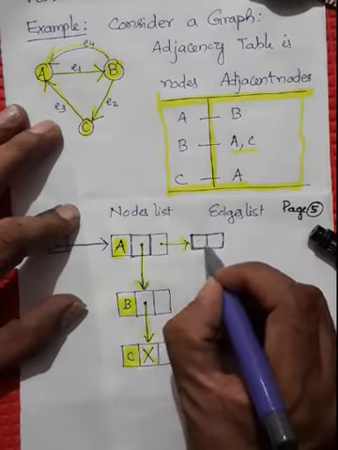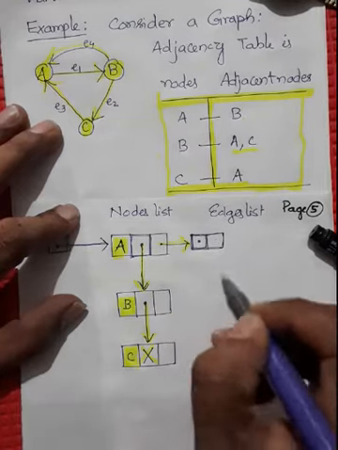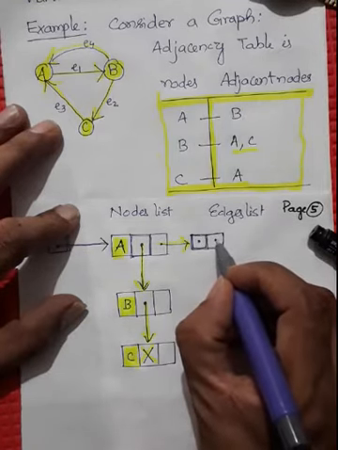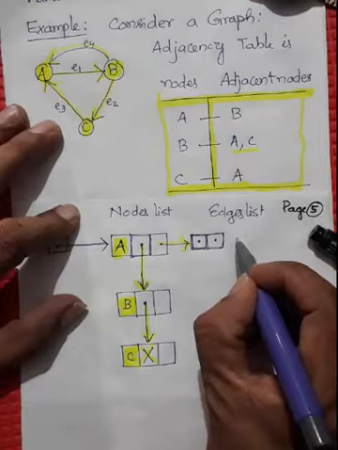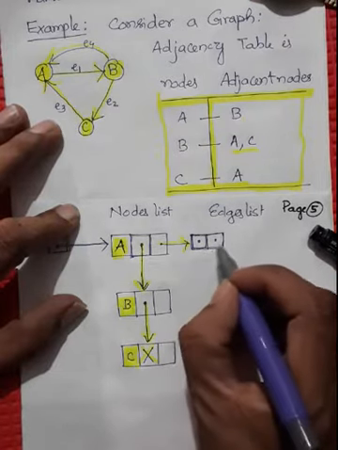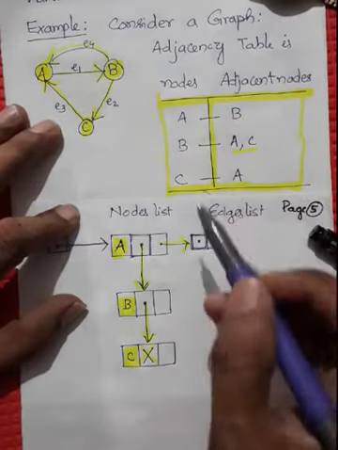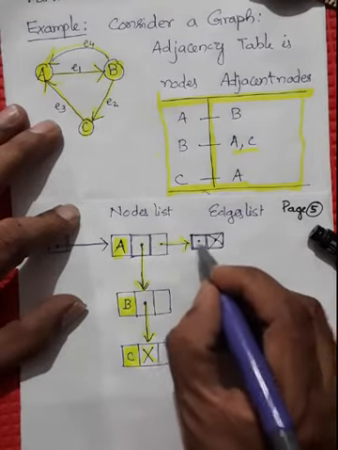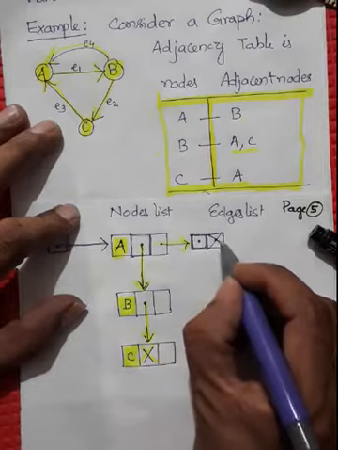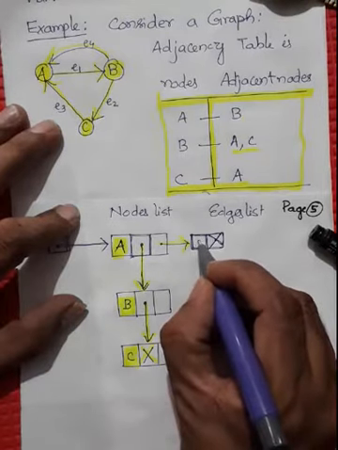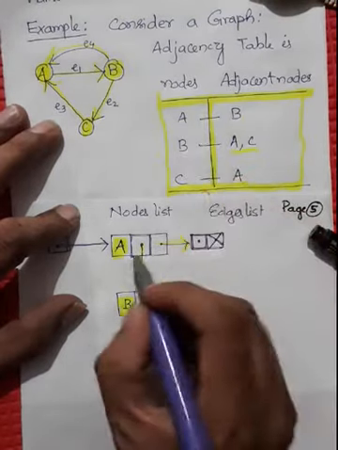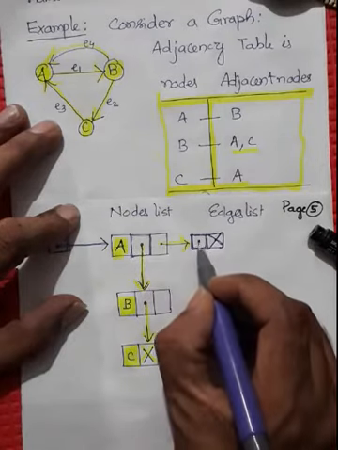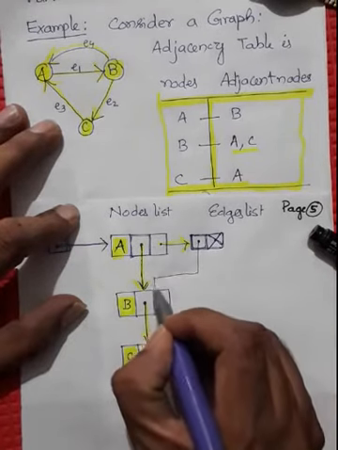The first part points to the adjacent node, and the second part points to the second edge, if at all a second edge is present for the same node. Here there is only one adjacent node, so only one edge pointer is required. This pointer is called the edge pointer. Through this edge pointer, A is pointing to B.